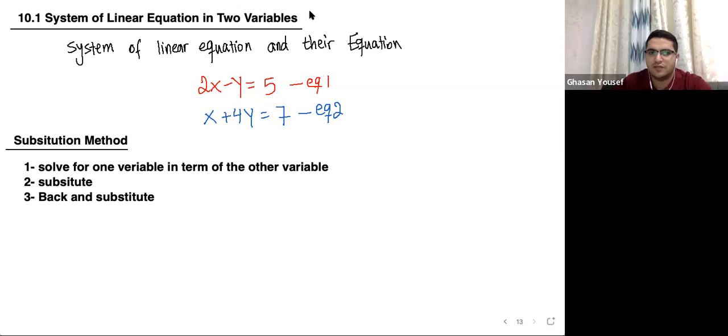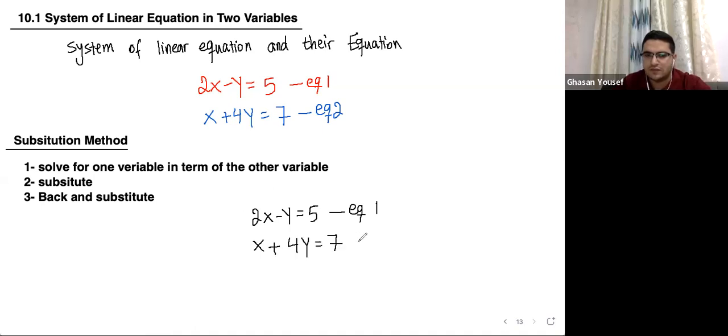If I have two equations, the first equation is 2x minus y equal 5, equation 1. And equation 2 is x plus 4y equals 7. So step number 1, solve for one variable in terms of the other. I'm going to take equation number 1 and solve it in terms of the other one.